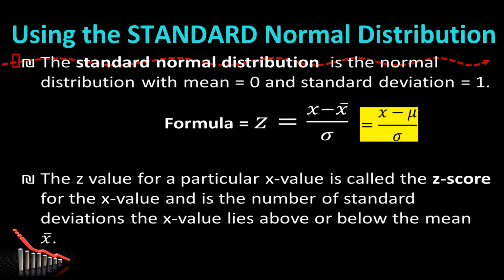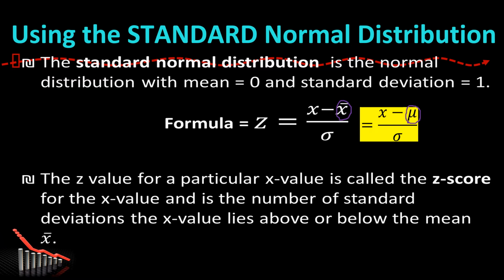This is the Greek letter mu right here, and that is really another way to say the mean. It's just that usually we use mean with a smaller set of data, a sample, and then we use mu when it's a population. You don't have to worry about that right now for Algebra 2, but as you move forward in statistics, you'll have more experience with that.